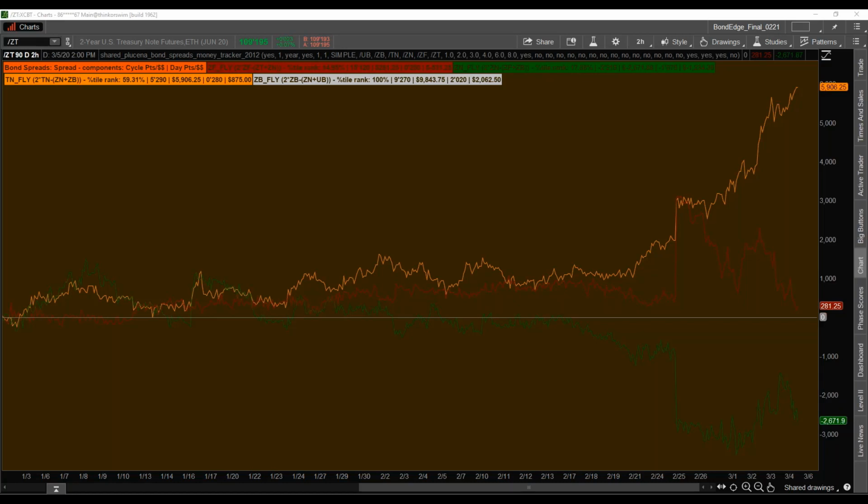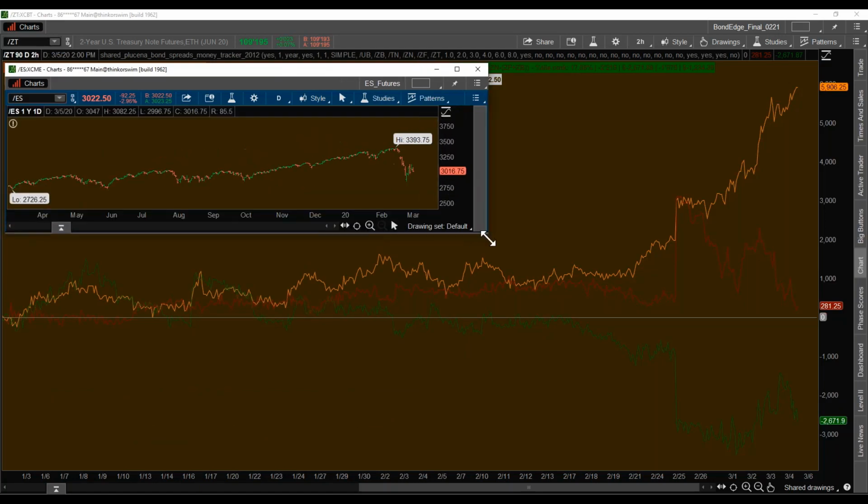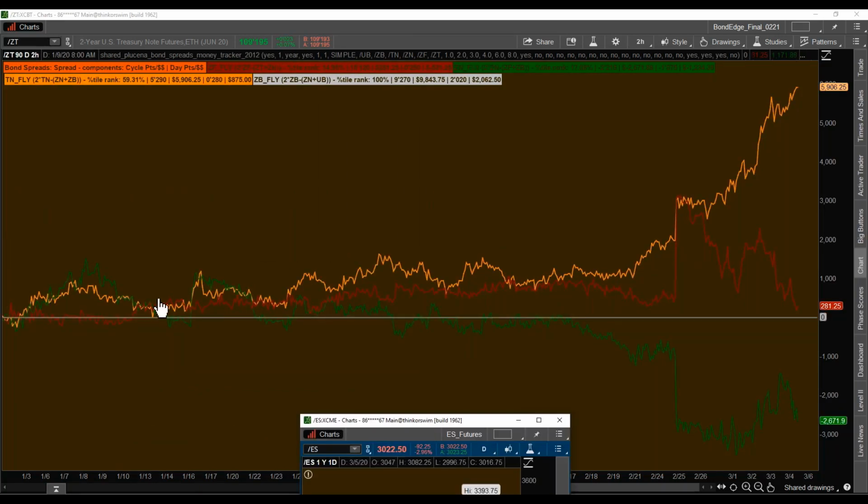Look at this. Bonds are the most powerful market in the world. We talked about correlations, right? When do the correlations break down? Correlations, correlations, correlations. These are three butterflies. When did it break down? Right here.